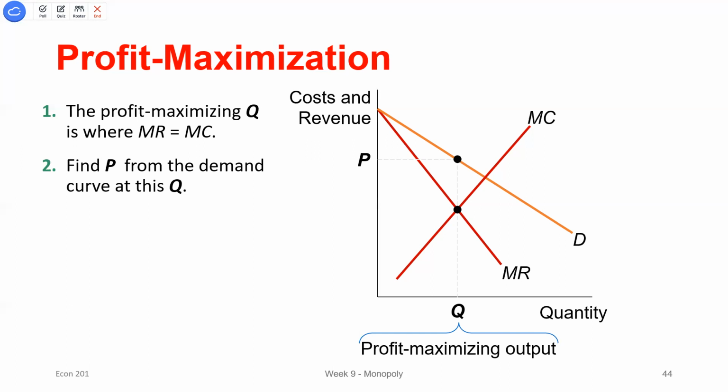In the perfectly competitive market, the equilibrium price is the same as marginal cost. That's a really good question.